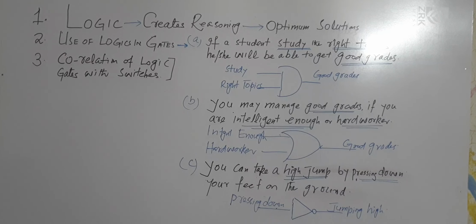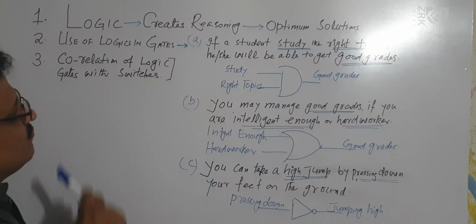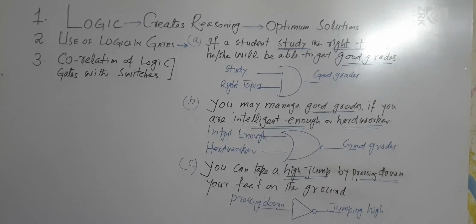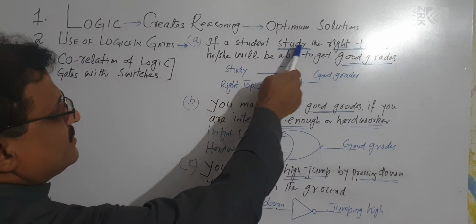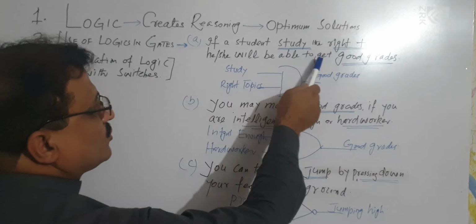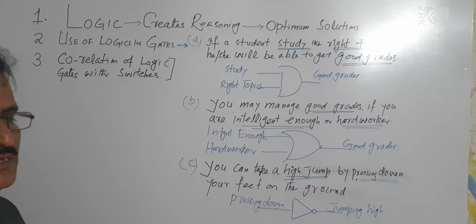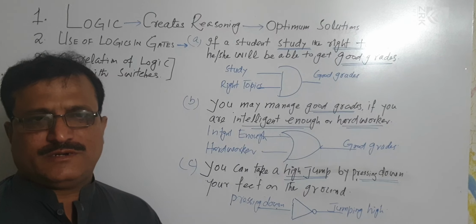Now let me give you an example. Look at this example. What is written in this statement? This statement says that if a student studies the right topics, he or she will be able to get good grades. Now this is a very simple type of logical statement.